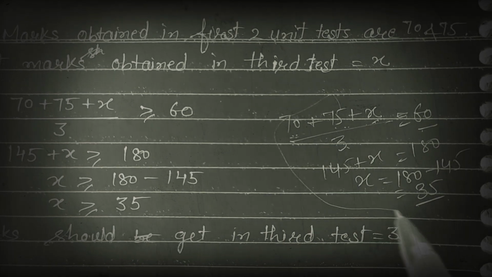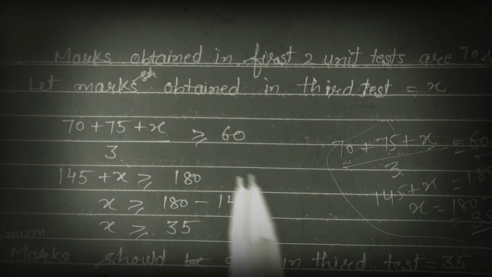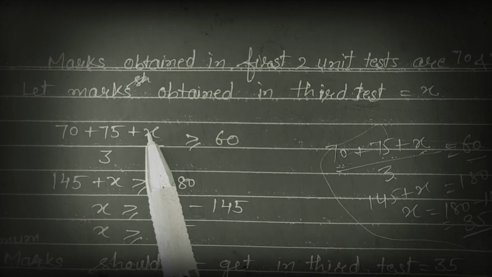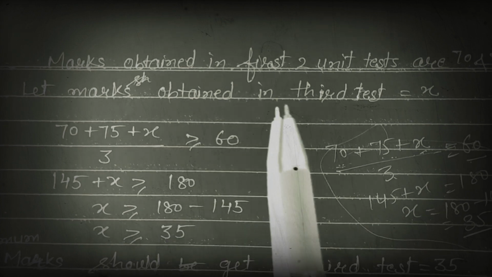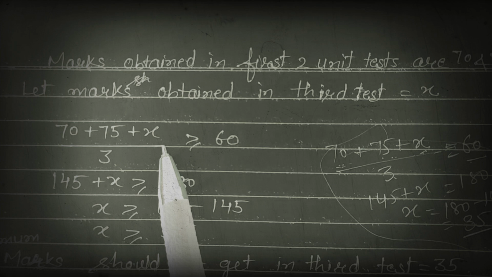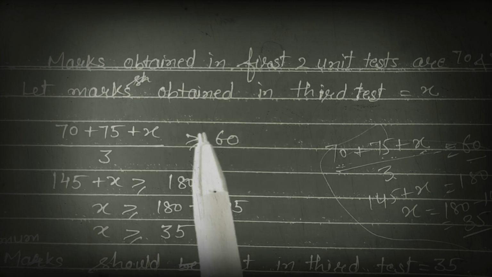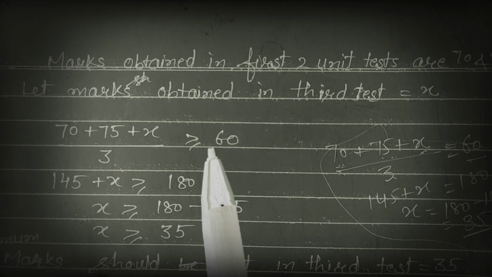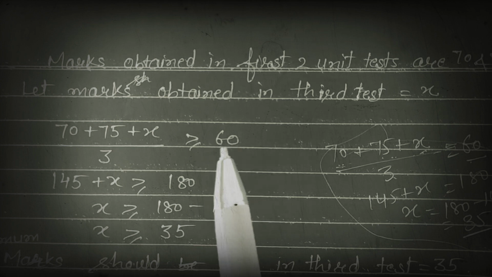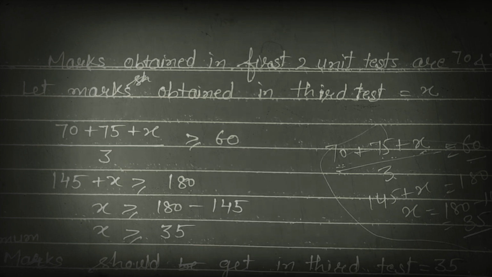But here the question is different. Here you have to find out how many marks you have to get in the third test. Then the minimum average should be 60, at least 60.